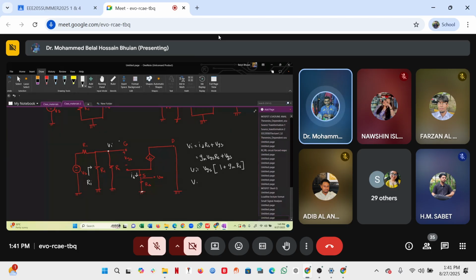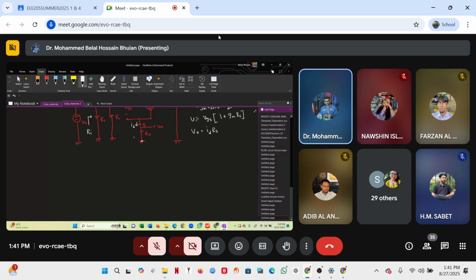And then what is V naught? V naught is simply the current ID flowing through RS. And then what is the gain, AV? V naught divided by VI, which is ID RS divided by VGS (1 plus gm RS).